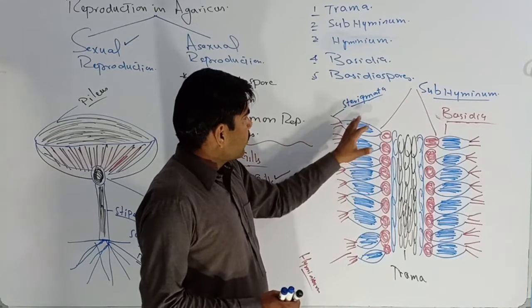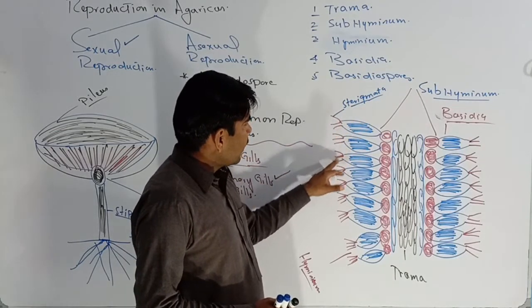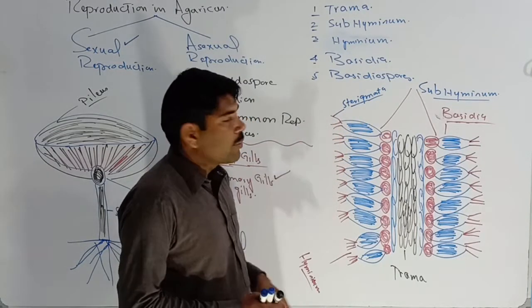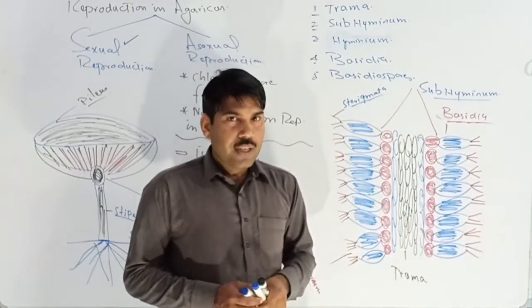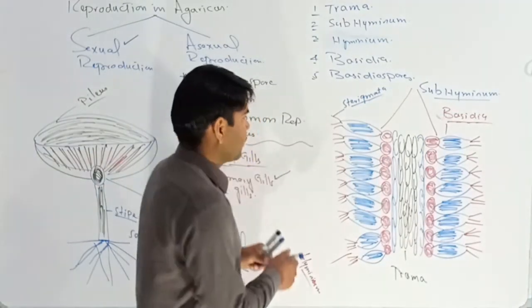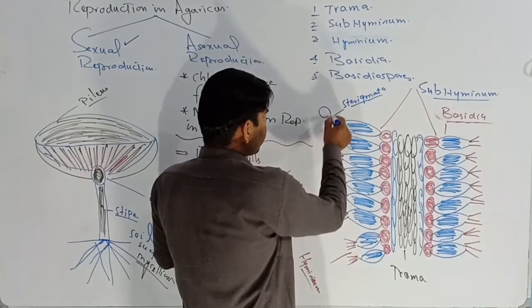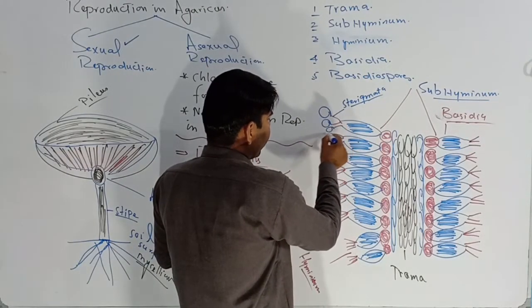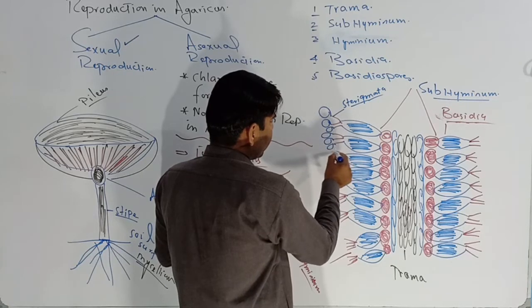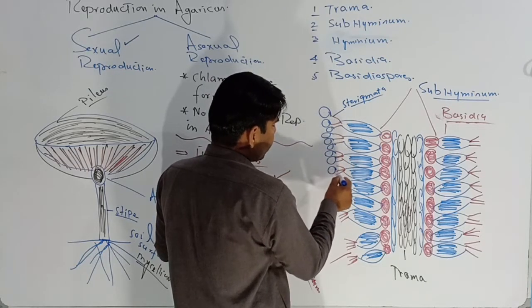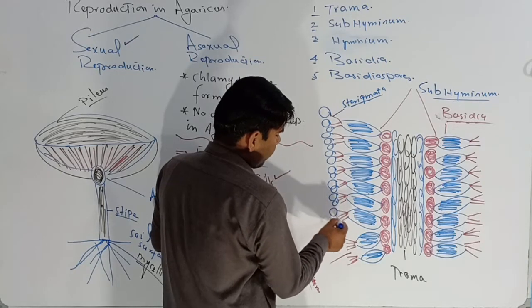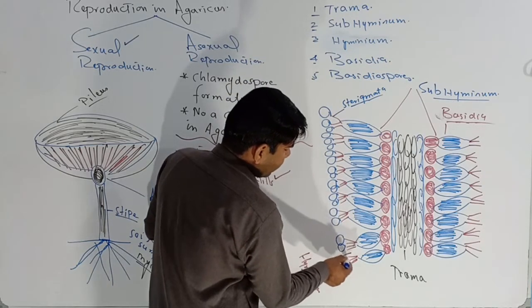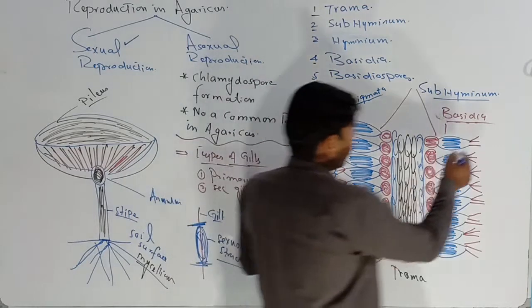Now these structures are known as sterigmata. Sterigmata are involved in the production of basidiospores. Basidiospores are present at each sterigmata. For simplicity, I am making only 2 basidia on each.